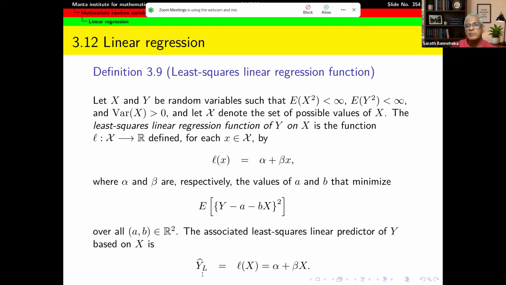Even though we are kind of estimating Y, in the classical sense it's not an estimator. That's why we call it a linear predictor. But it's a random variable. Usually we use hat to denote an estimate or estimator, but we use the same idea here to denote the predictor.